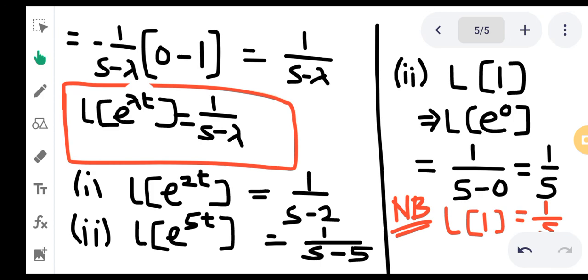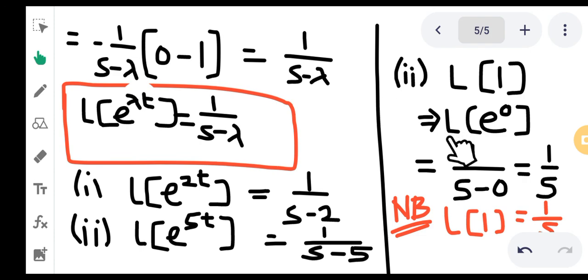Note one important thing I want to discuss with you guys: whenever we have a Laplace transformation of a constant 1, we are going to get 1 over s. So why am I saying that?